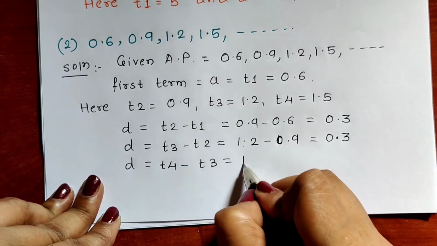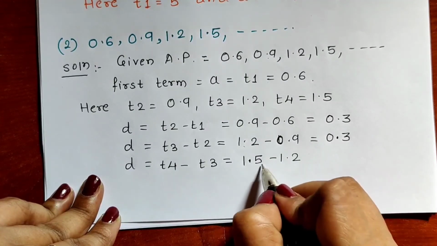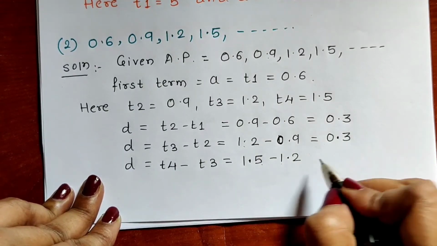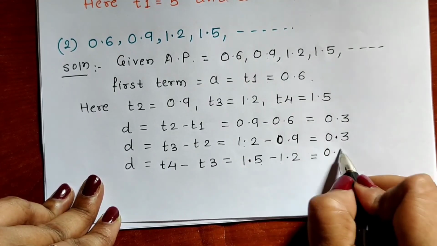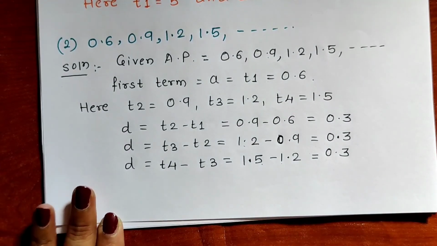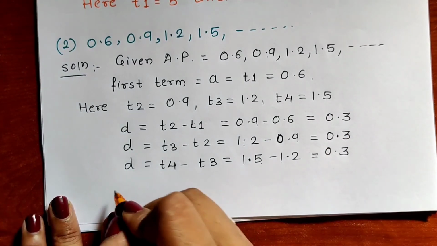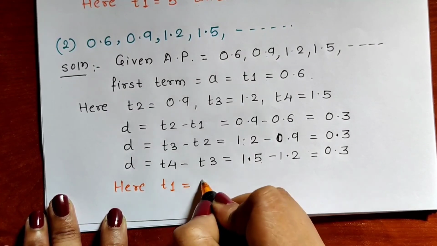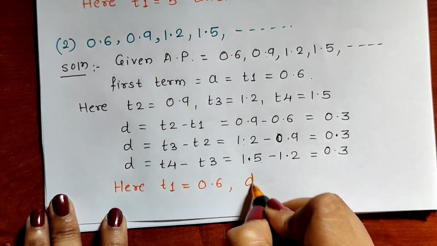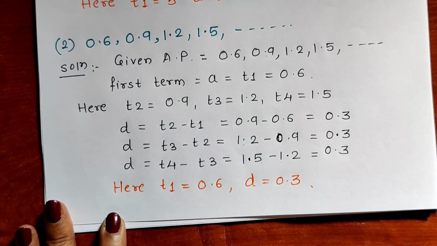T4 is 1.5 minus 1.2. 15 minus 12 is 3, but here the decimal point is there, so we write 0.3. As it is an AP, the difference will be constant, common. Therefore T1 is equal to 0.6 and D is equal to 0.3. Okay, now next sum.